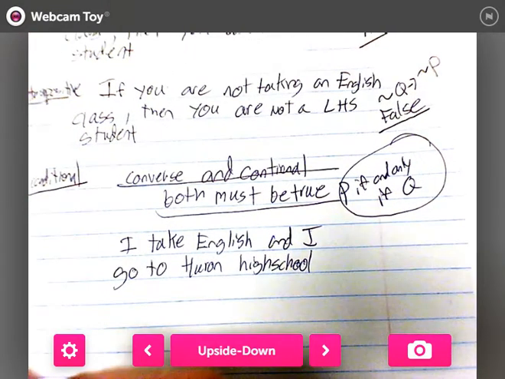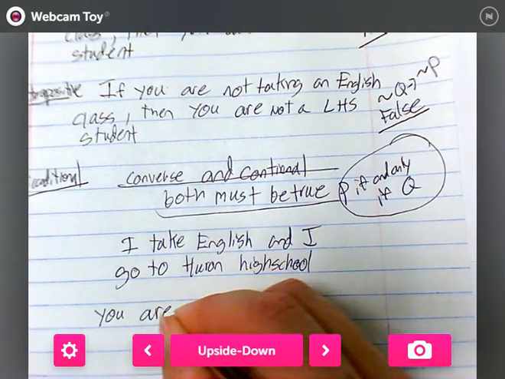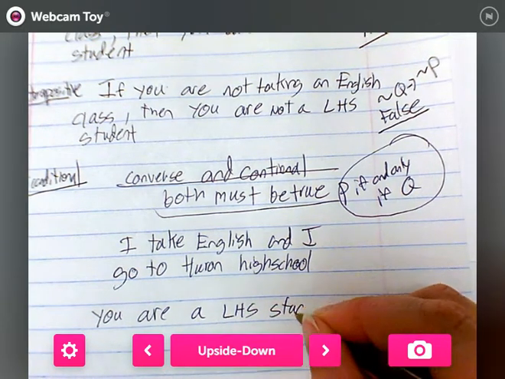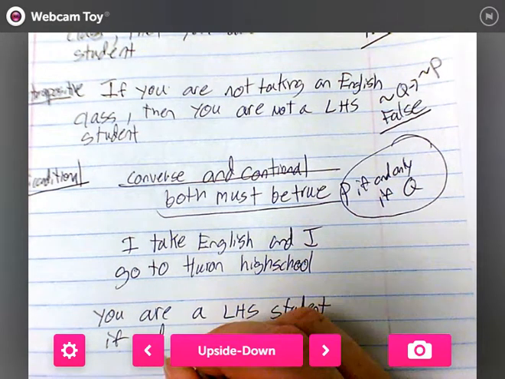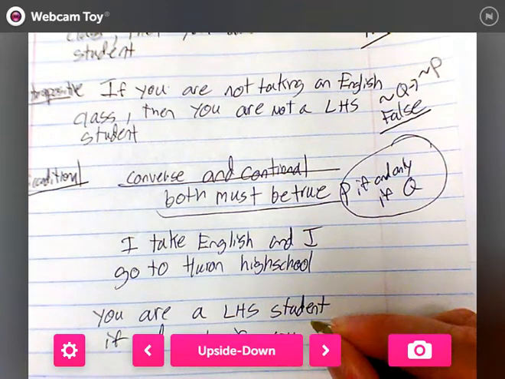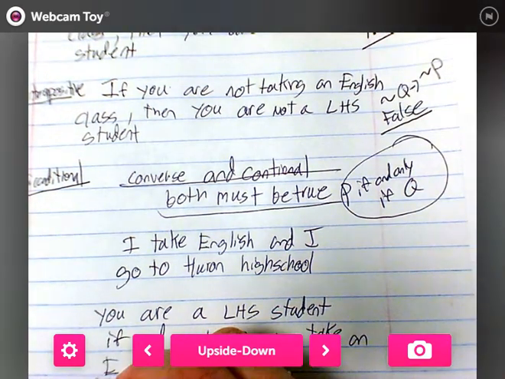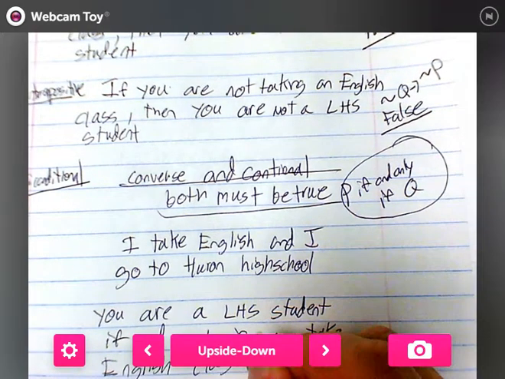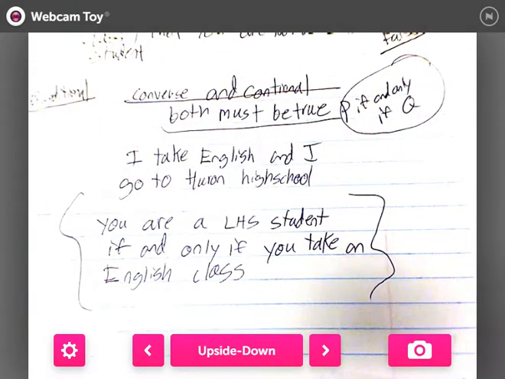So you would say, you are a LHS student if and only if you take an English class. But remember, this doesn't work because the converse is not true.